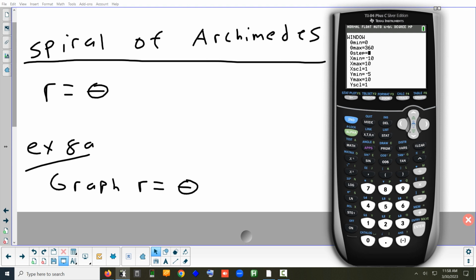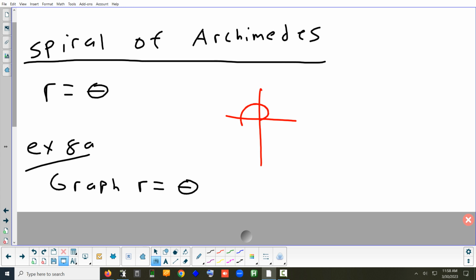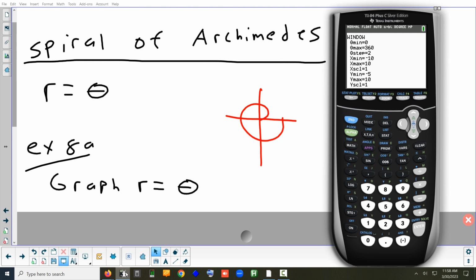So let's set our window 360 to 360 in every direction. That's more than we need because the spiral is only going to be its biggest on the positive x-axis. Then it's going to get bigger as it goes. Positive x-axis is the one you really need 360 on, but we'll do it everywhere just to be simple.